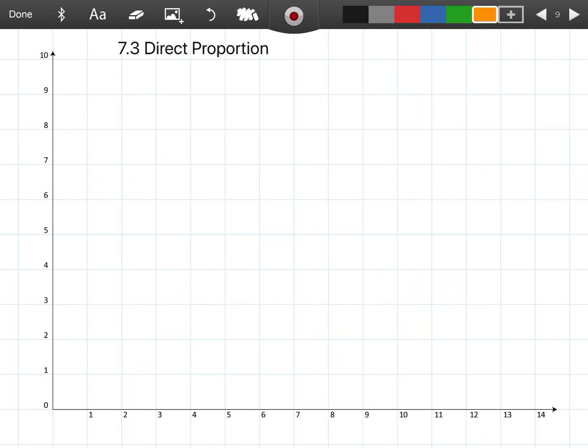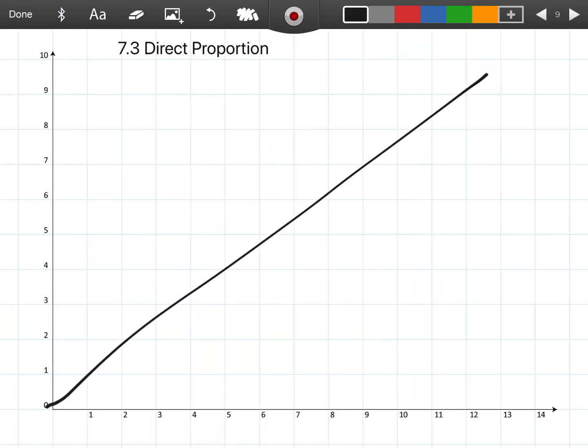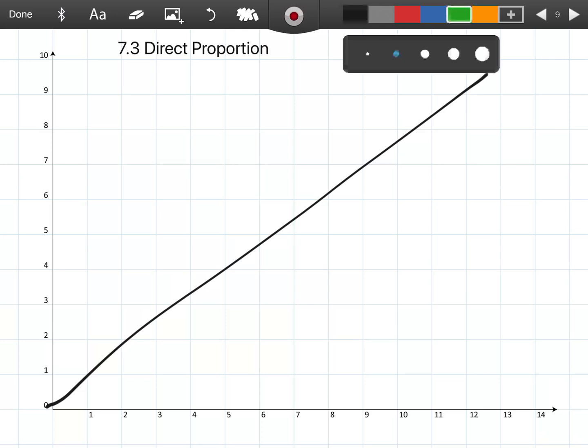So some of our graphs look something like this. So a nice straight line that goes through 0, 0, goes through the origin. And that is what a graph of something in direct proportion should look like. So the important features are, it goes through 0, it's a straight line.